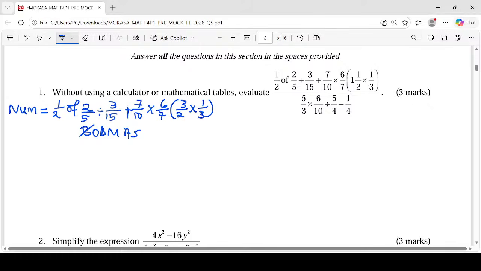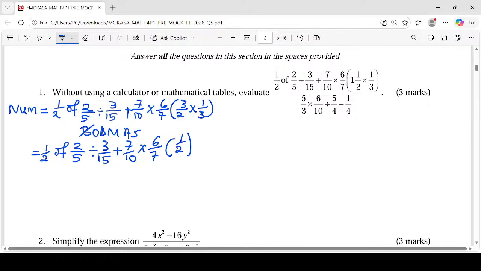So this will now evaluate to a half of 2/5 divided by 3/15, then added to 7/10, being multiplied by 6/7 into, let's work out what is inside the brackets first. 3/2 times a third becomes a half.